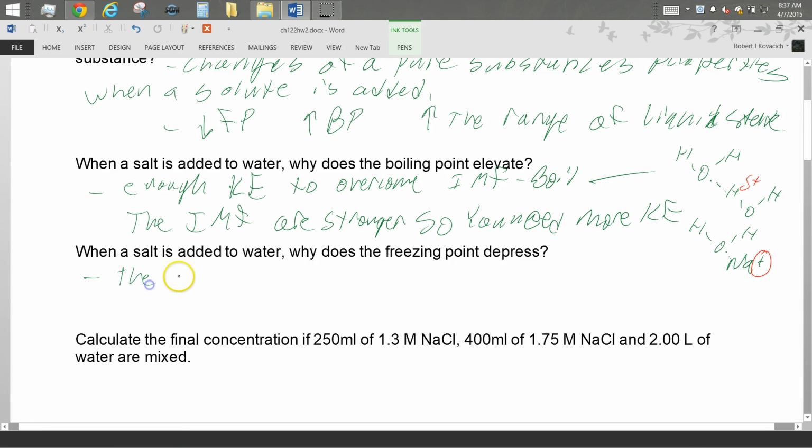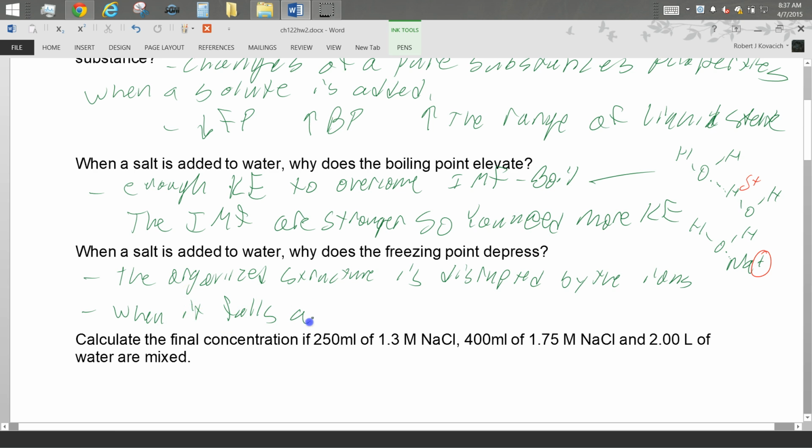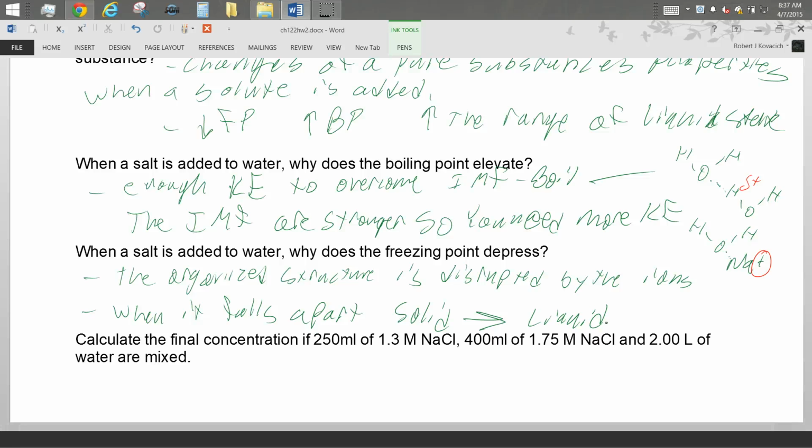So your solid state is only there because the molecules or the ions or the atoms are in a nice organized structure, like a bunch of Legos linked together.